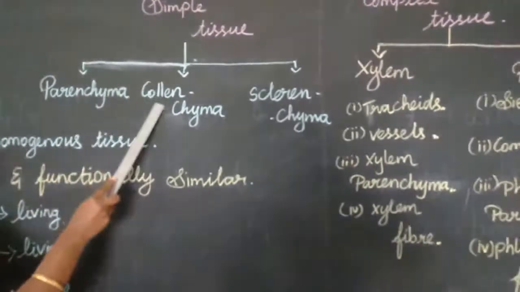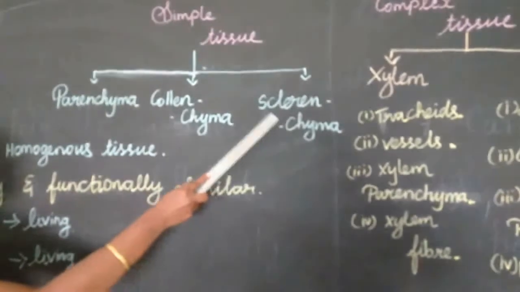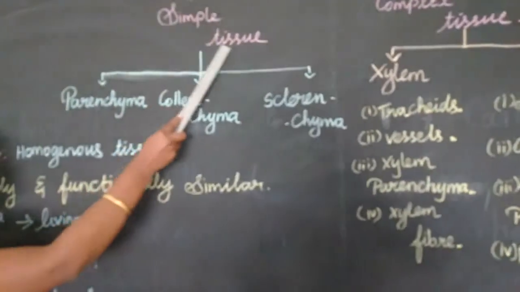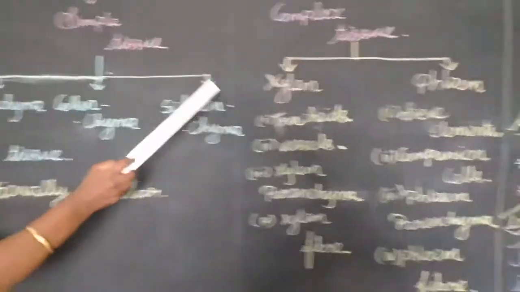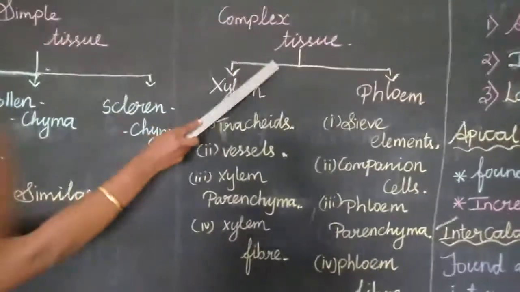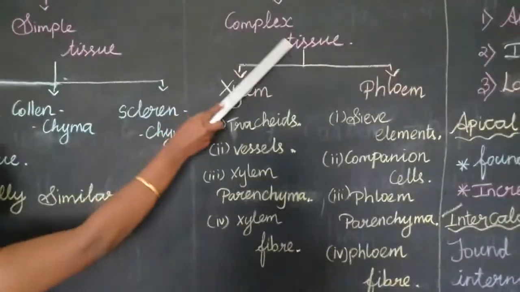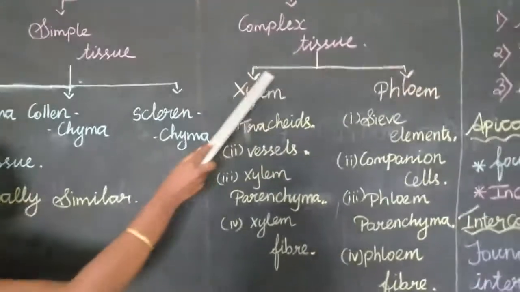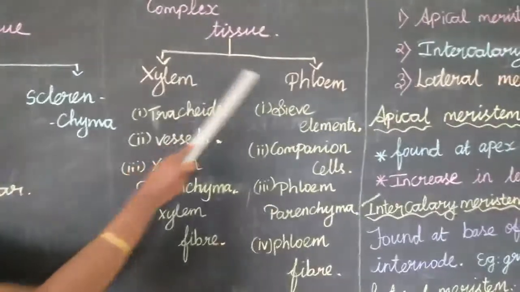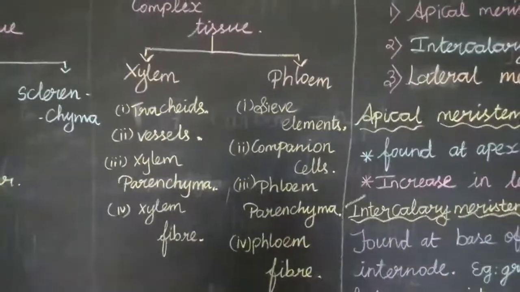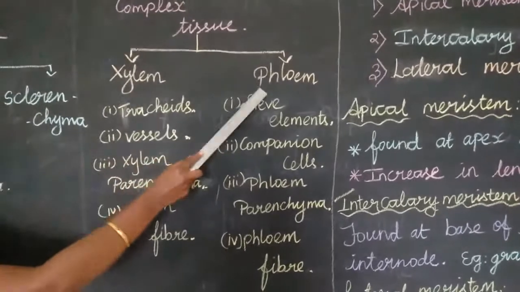These three comprise the simple tissues. Then what is the next category? Complex tissue. The complex tissue is again divided into two types, xylem and phloem.